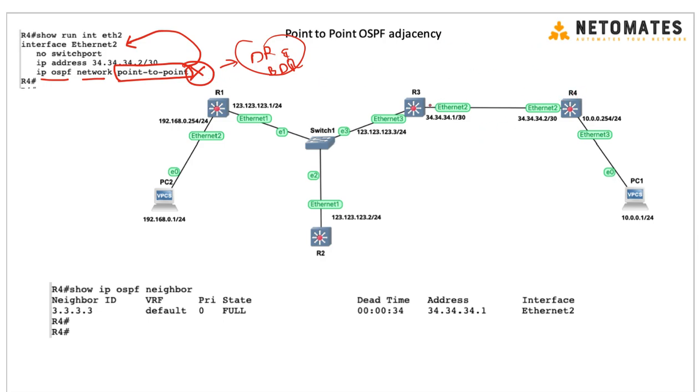But that is not required for this particular OSPF segment because there are only two routers participating in OSPF. If you go and check from the R4 standpoint, there will be only one neighborship, and that is point to point, and there is no state here because it is not participating in any DR BDR election process, since we have configured the interfaces as a point to point link.